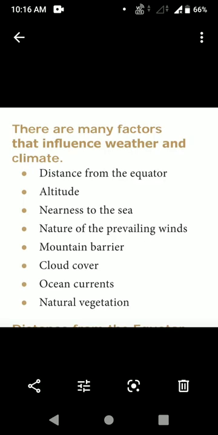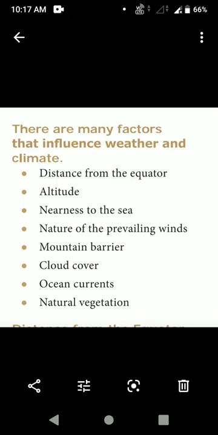Okay, weather. What is weather? Weather is the study of atmospheric conditions for short duration over small areas. And climate is the study of the average weather condition observed over a long period of time for a large area.